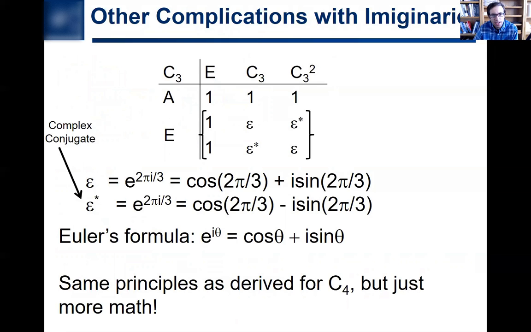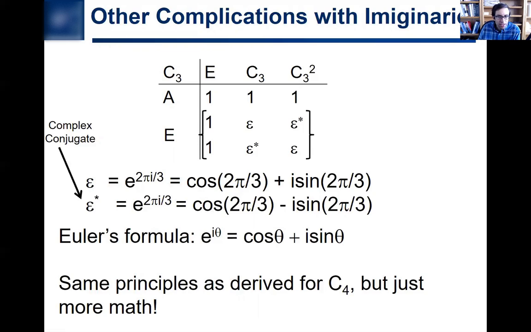One last thing, you'll notice some of them are even more complicated in the character tables, like for C3. They'll just show you epsilon, and then they'll tell you what epsilon is. Epsilon, they tell you, is e to the 2 pi i divided by 3. And then you have epsilon asterisk. The asterisk in math means the complex conjugate.